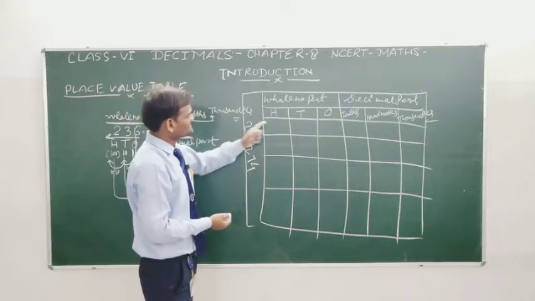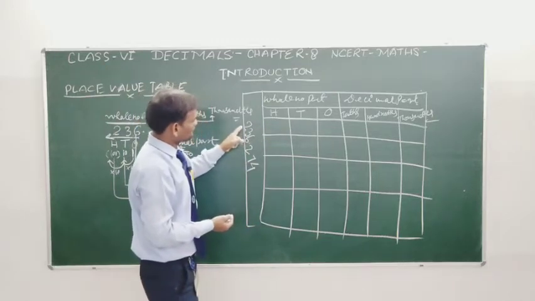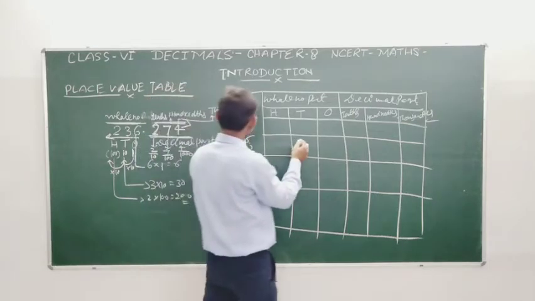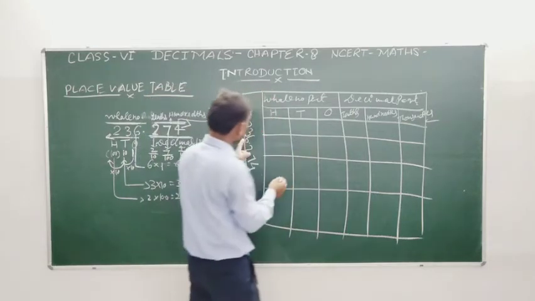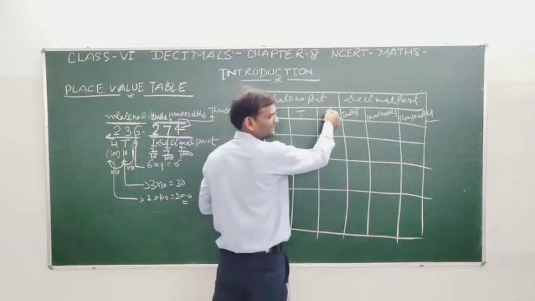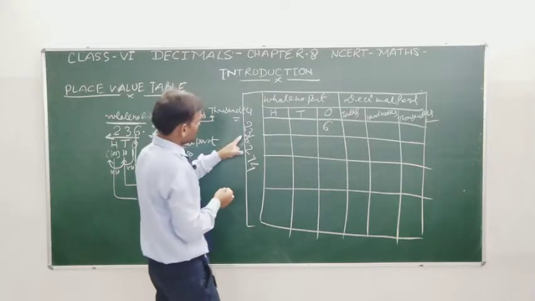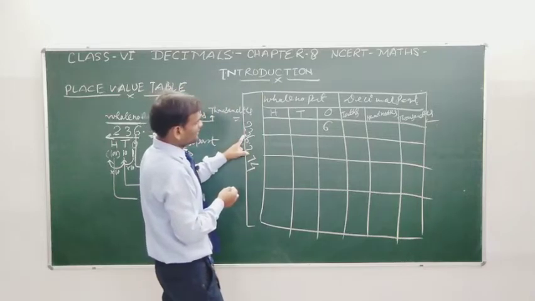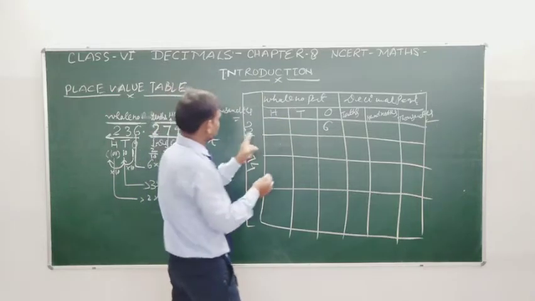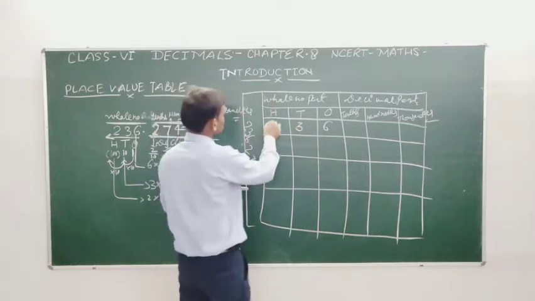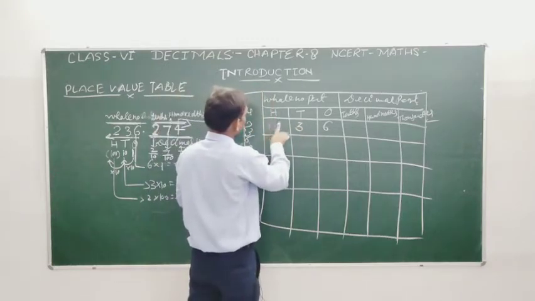The whole number part is 236, and 6 is in the ones place. So we put the 6 below the ones, and 3 below the tens, and 2 is in the hundreds place, so we write 2 below the hundreds place.